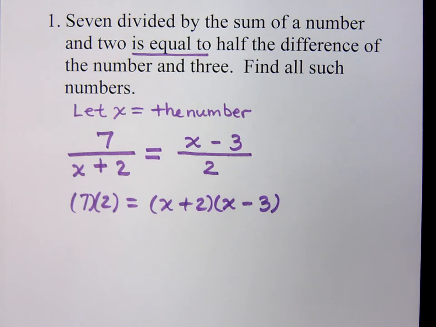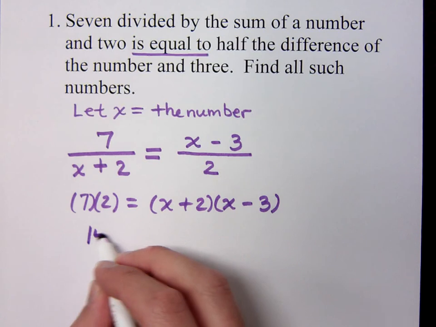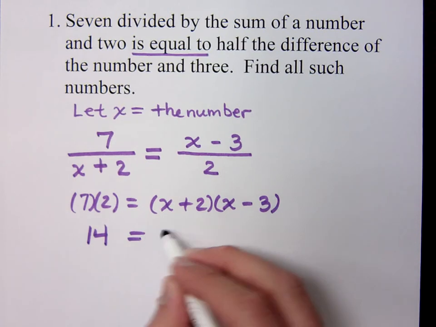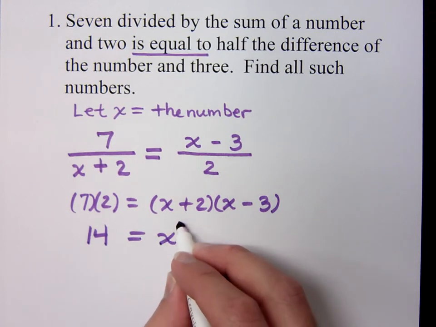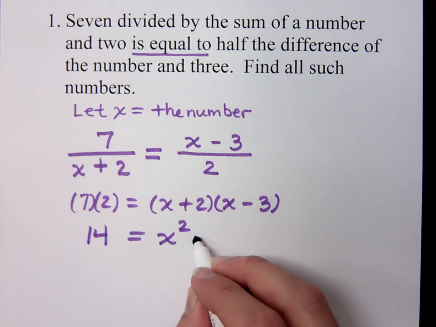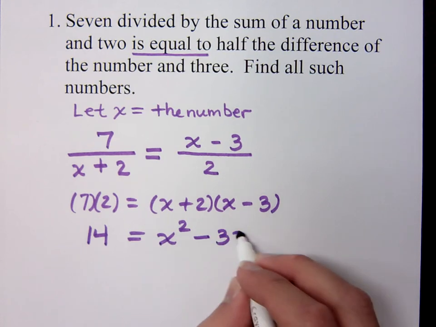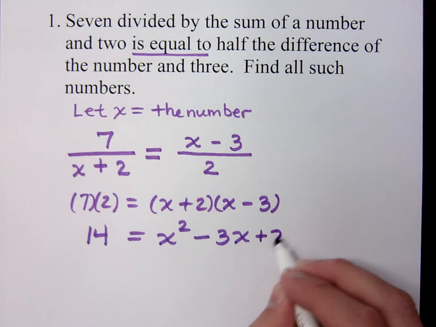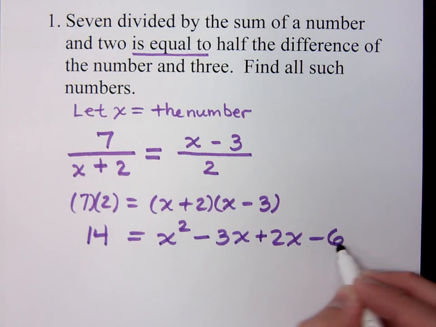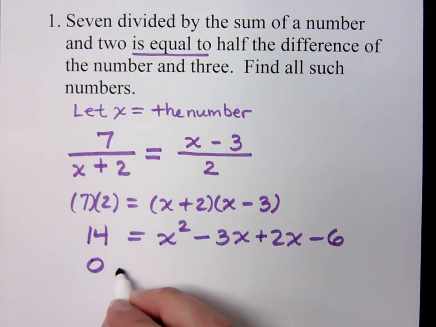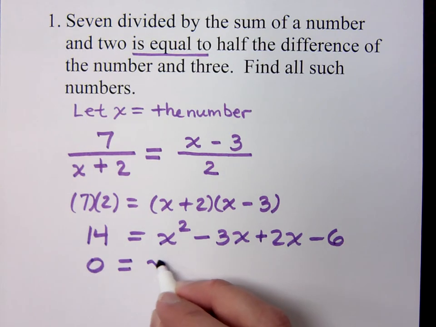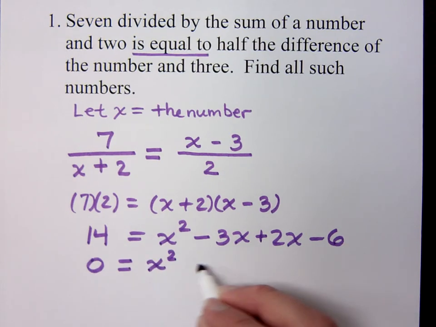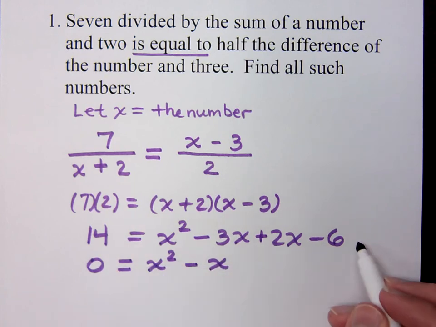Okay, then what? Well, you get 14 on the left. On the right side, what happens when you put all that stuff together? X squared minus 3x plus 2x minus 6, which means 0 equals what? 0 equals x squared minus x. When you move the 14 over, what happens?